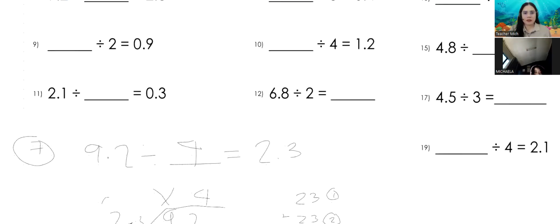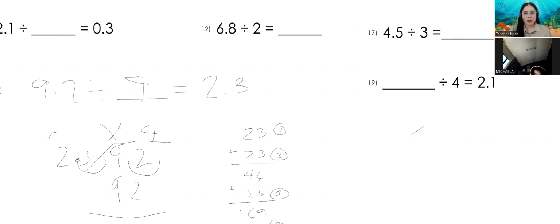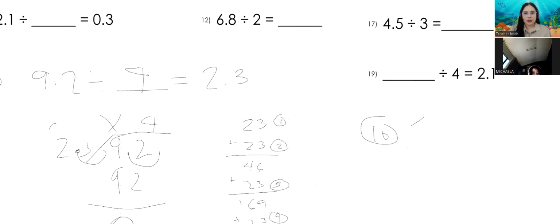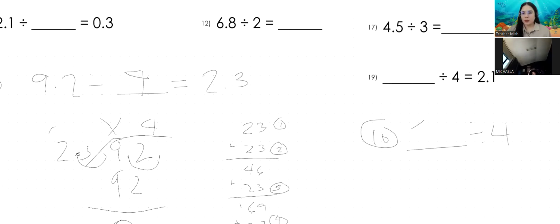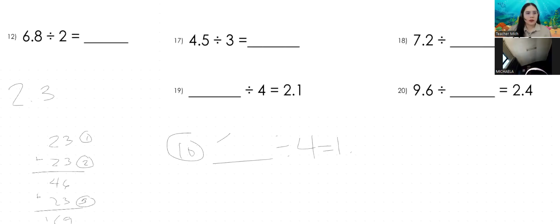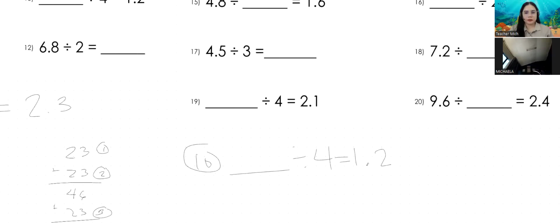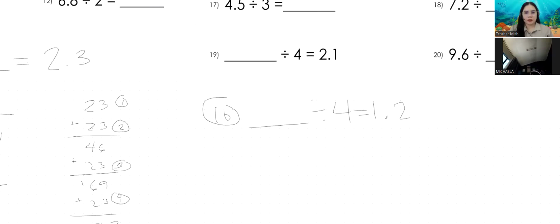Okay. We have here number 10. We have here blank divided by 4 is equal to 1.2. Again, Micaela, what is the missing term? Dividend. Okay, and if the dividend is missing, what's the process to take? Multiplication. Okay, very good.